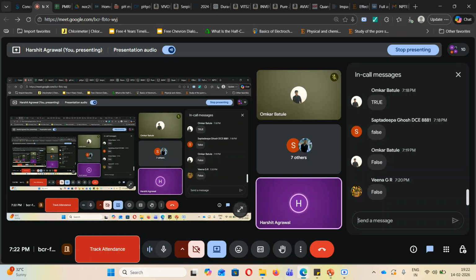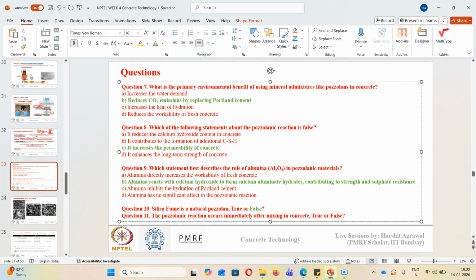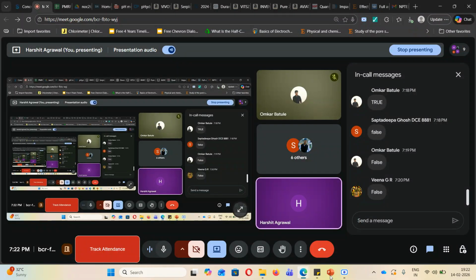So that's why this reaction doesn't occur immediately after mixing with concrete. Only when CH is produced will SCMs start reacting. So that's why they are slow secondary reactions. Okay, I hope it is clear. Your answer was correct, but the explanation should be according to this, because it requires CH to be produced for reaction.